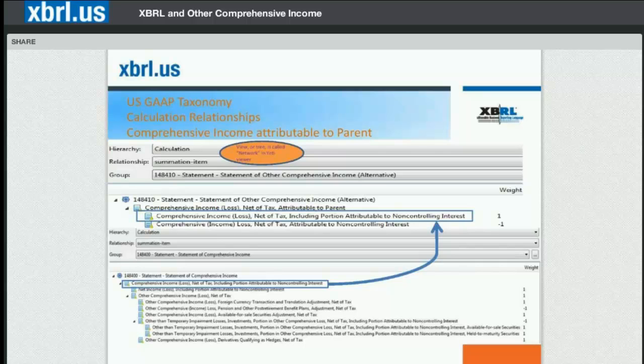Now, with the Statement of Comprehensive Income, there are two separate calculation relationships provided in the UGT for comprehensive income loss net of tax attributable to parent. Note that in the taxonomy, the calc parent is always the top element in the calc hierarchy. So here's the parent in this one, here's the parent in this one, the ultimate parent.